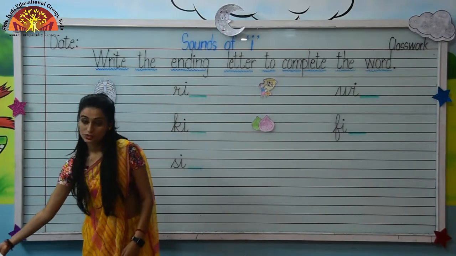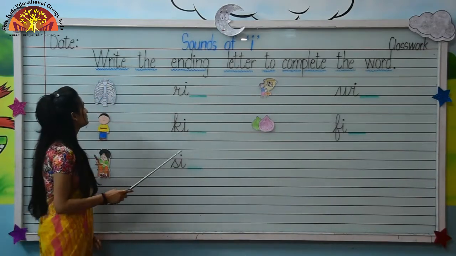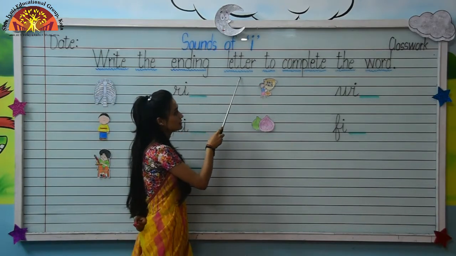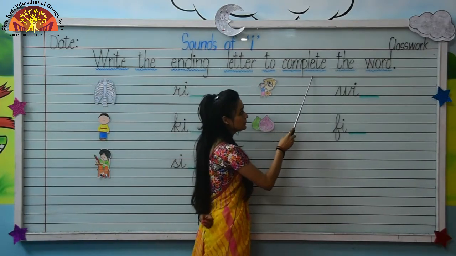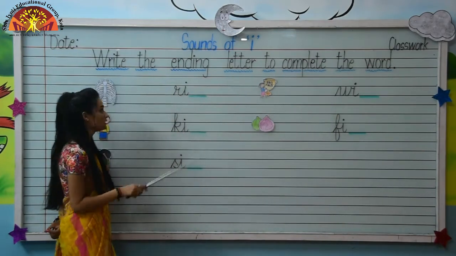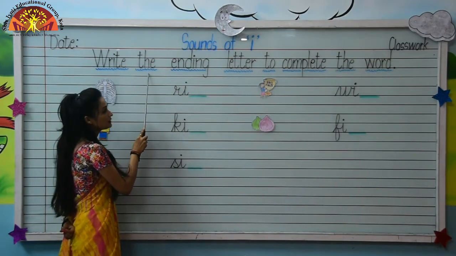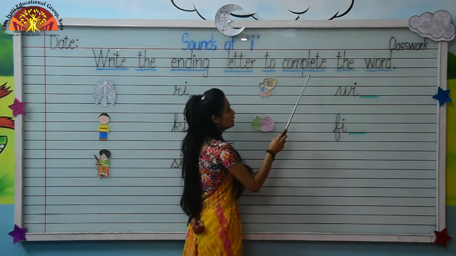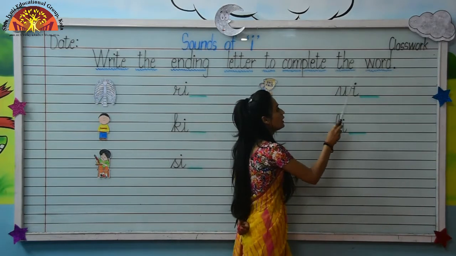Let's read the question first. What is the question? Write the ending letter to complete the word. Let's read it once again. Write the ending letter to complete the word.